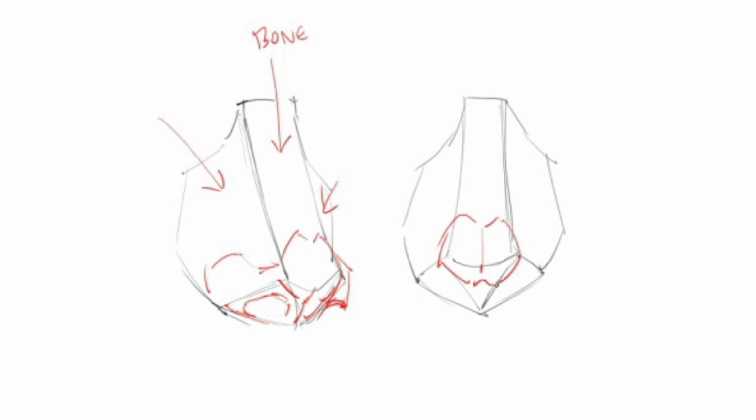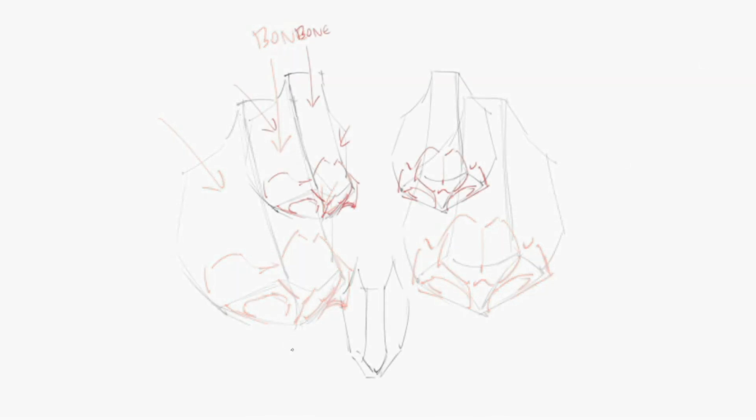I like to think of the bulb of the nose as almost looking like an apple that's been divided in half. Then you've got the nostrils that sit on either side of it, and then again you've got the top area, the front plane of the nose, and the side planes.